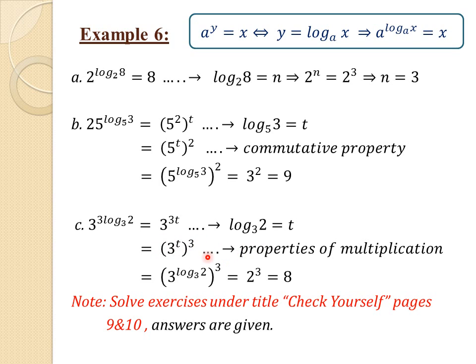This is the property of multiplication. So now t back to logarithm 2 base 3. Look at the bases now. They are equal. So this is 2 power 3, which is 8. Now you have in the book some exercises given, check yourself, you can solve them.